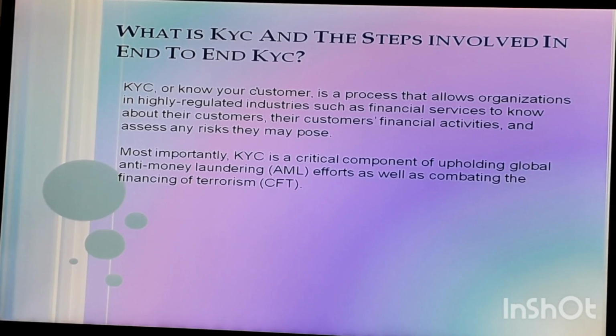Background means the financial background, the industries they are related to, the financial activities, what revenues they are creating and from where, what products they are selling in the market, and what risk the entity poses to the bank or to the whole financial system.